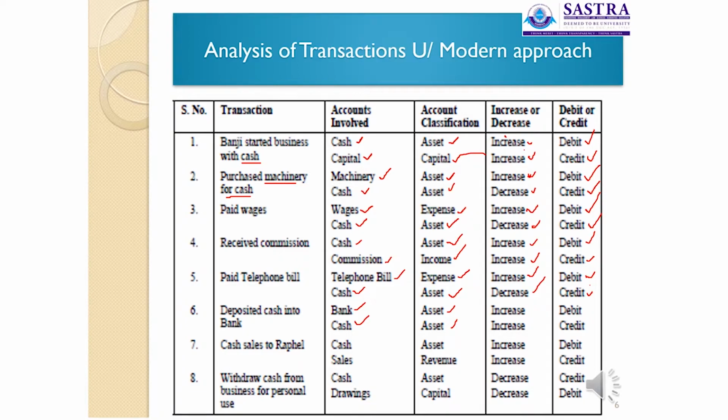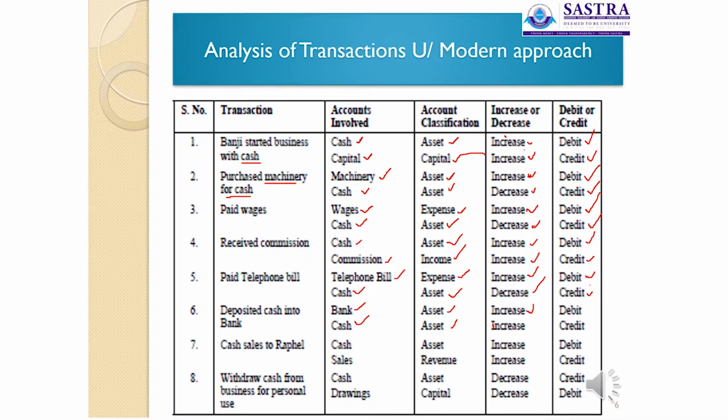Cash deposited into bank, so bank is relating to asset, so asset value increase. Cash goes out of the business, so that will be decrease. So the cash value decrease in the business.